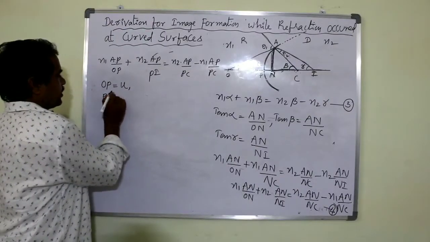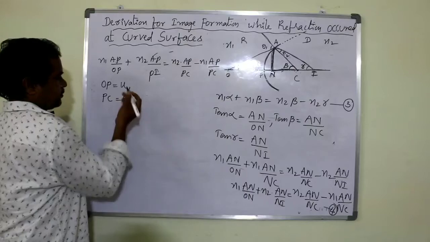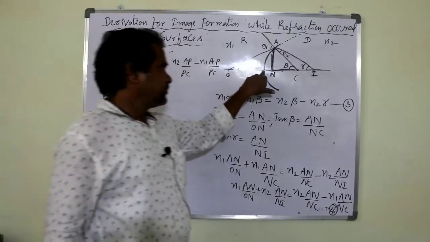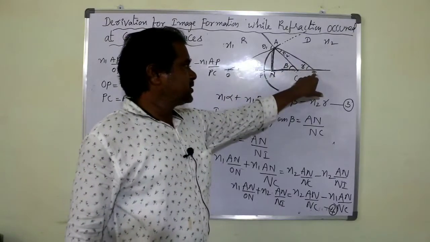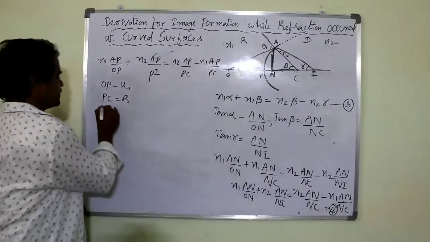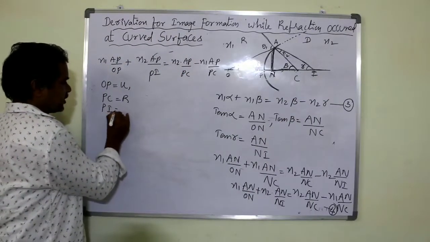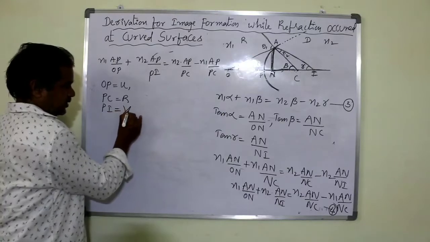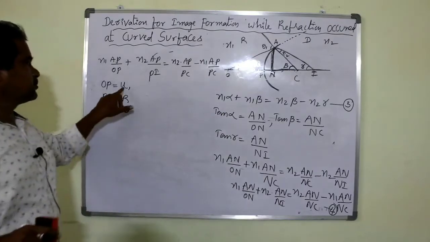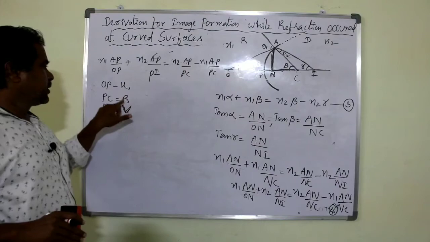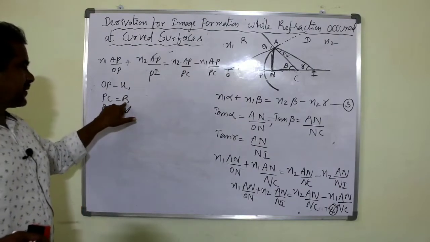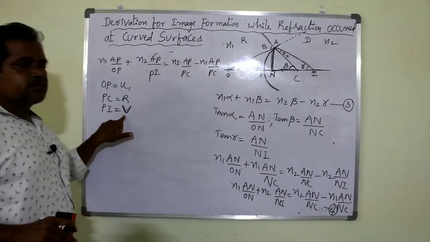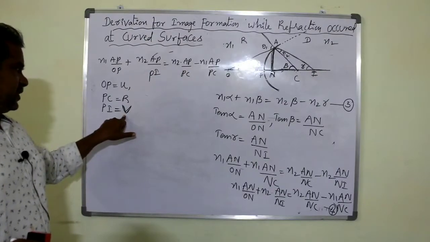It is denoted by the letter R. The distance between pole and the image is called the distance of the image. PI is denoted by the letter V. So distance of the object is U, radius of curvature is R, and distance of the image is V.